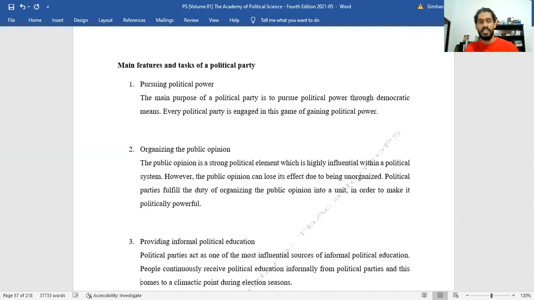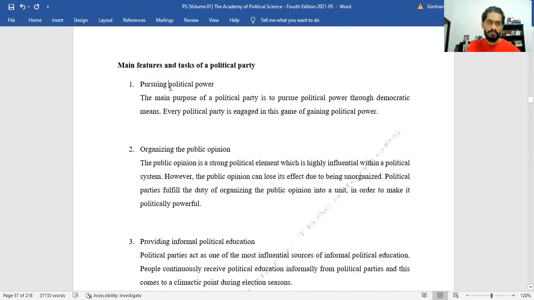Obviously, that's going to be their first task, the first feature. They are a group gathered together to pursue political power, so pursuing political power has to be their first task, right? By the way, I've put both features and tasks because in the syllabus sometimes they say main task of a political party, sometimes main feature, but it refers to the same thing, right?